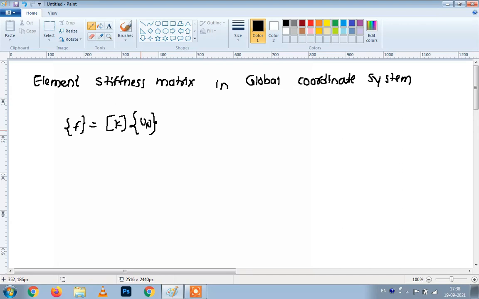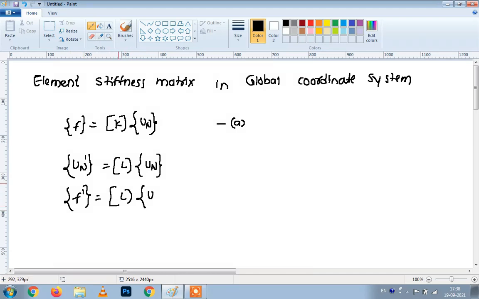In one dimensional problems also, in every problem we used the relation F equals K into U. I am calling this equation A. We have seen the relationship between the local and global parameters: the first relation is U dash equals the transformation matrix into the displacement vector in global coordinates. Similarly for force, F dash equals the transformation matrix into the force vector in global coordinates.